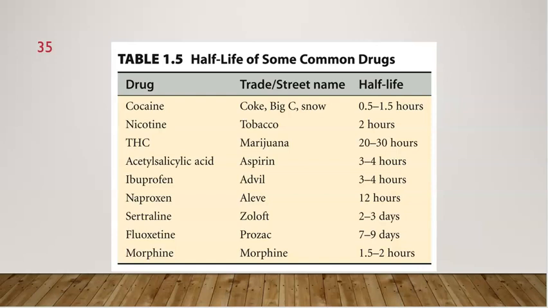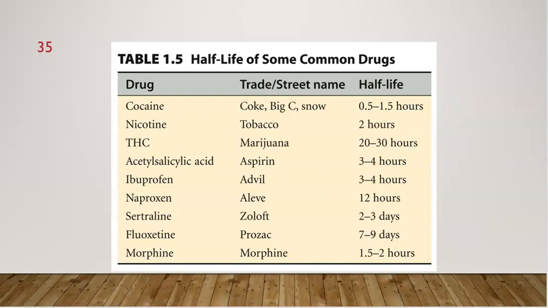So here's a fun table of a lot of half-lives of some of the common drugs you guys might want to know about. So nicotine or tobacco has a half-life of 2 hours. So 2 hours after a smoke, you'll have 50% of that nicotine left in you. 4 hours after you smoke, you'll have 25% of the original nicotine in your system, and so forth.